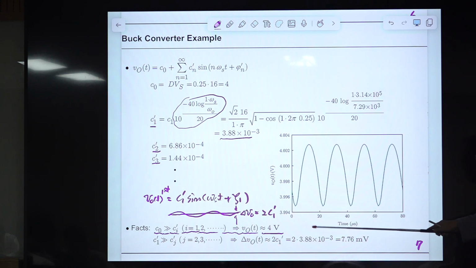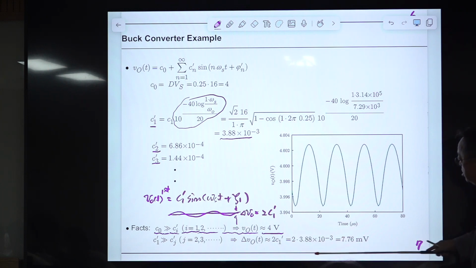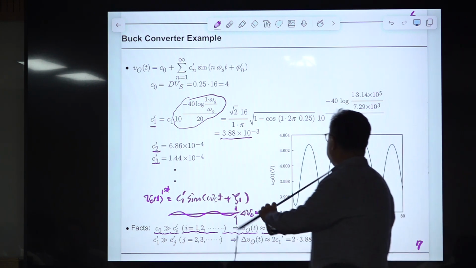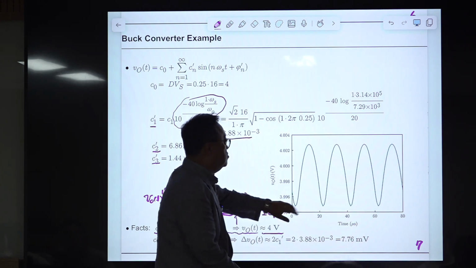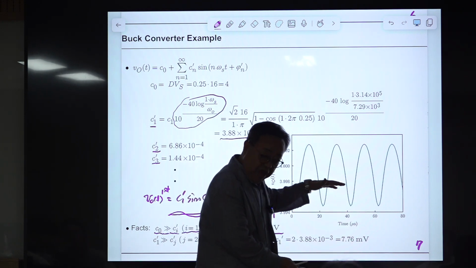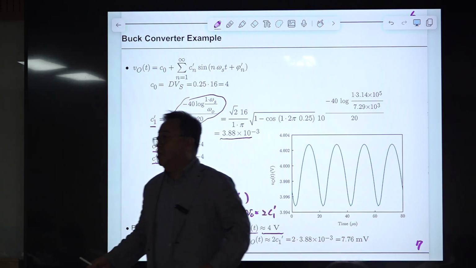In this case, C1 prime is this number, and multiplying by 2 gives this number. This is the magnitude of the ripple component. This is the exact piecewise waveform simulation, and comparing this and this, you can conclude this is an excellent estimation, right?